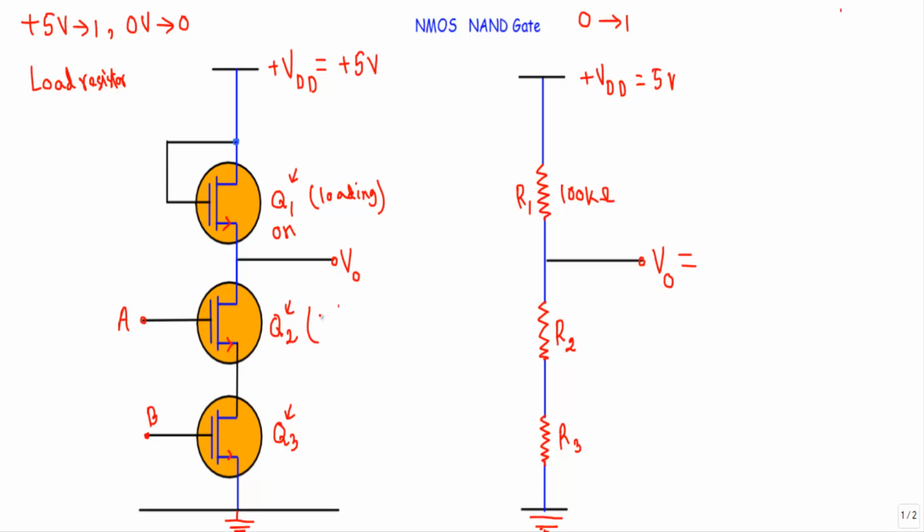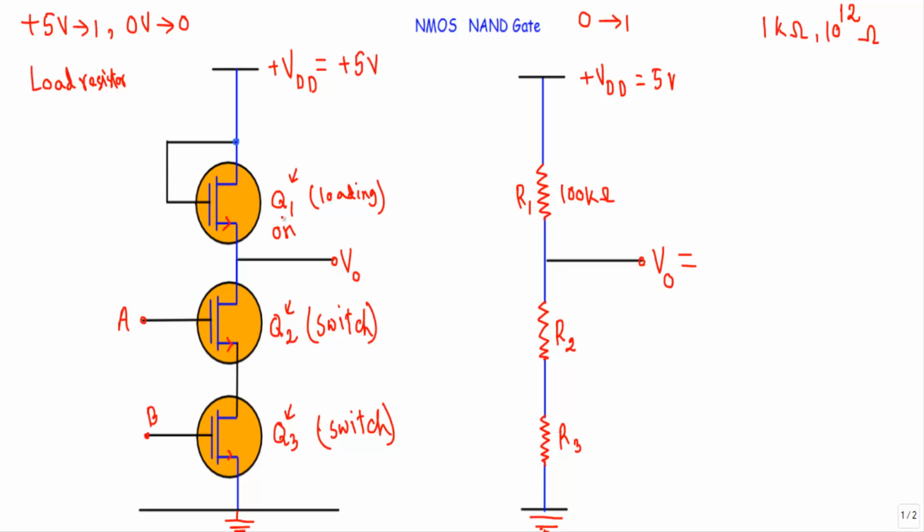The transistor Q2 and Q3 will be known as switching MOSFET. As they will be acting like switches, we can represent the transistor Q2 and Q3 using resistors. During on state they will provide a very low resistance 1 kilo ohm. During off state they will provide a resistance of around 10 to the power 12 ohm.